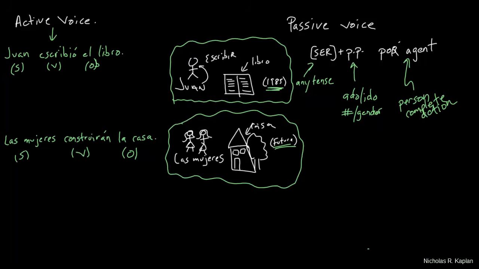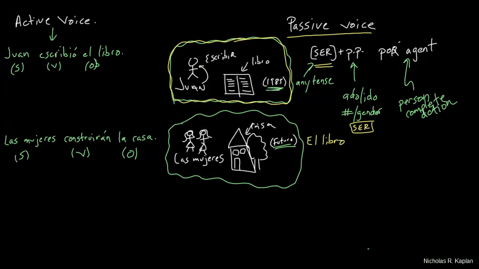So if we were to take these same sentences, these same ideas, but instead of using active voice, let's write this sentence in passive voice. We would start out with our object. Well, our object was the book. And then we need a form of ser. So that's box 3.